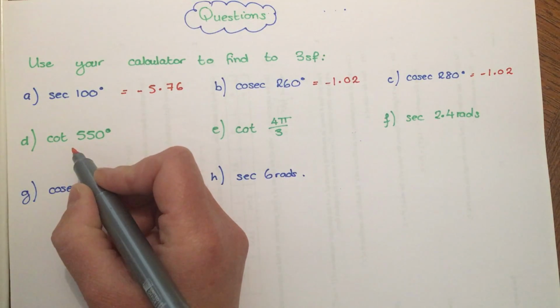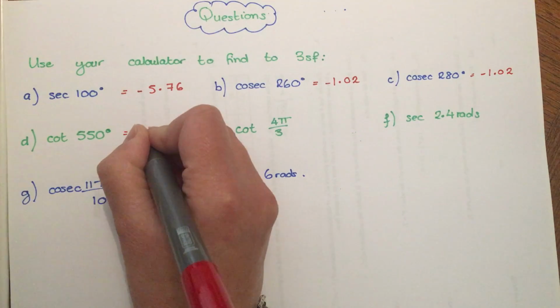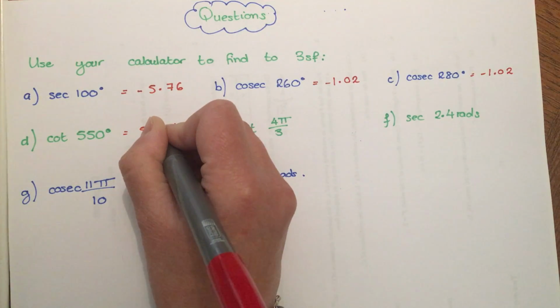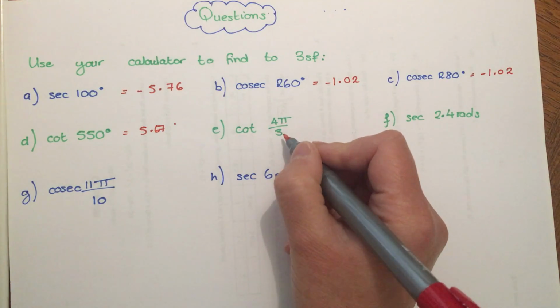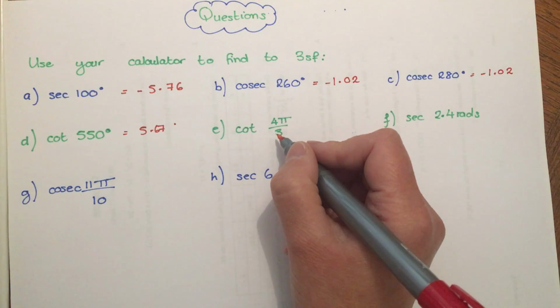This would be 1 over tan 550. This would be 1 over tan 4 pi over 3.